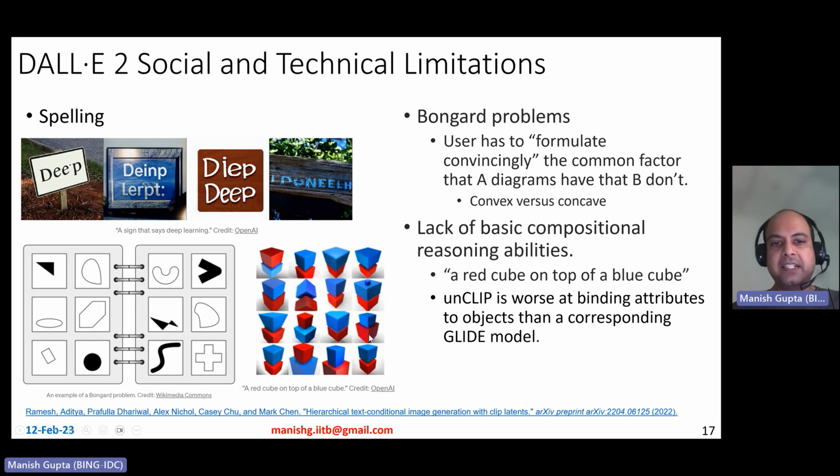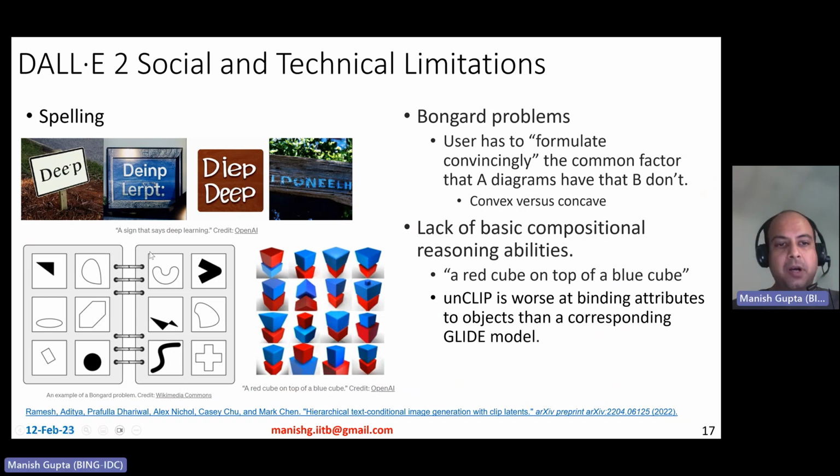DALL-E 2 lacks basic compositional reasoning abilities. For example, given a caption prompt, a red cube on top of a blue cube, it's not necessary that you always see a red cube on top of the blue cube. In fact, DALL-E 2 or unCLIP is worse at binding attributes to objects than a corresponding GLIDE model.